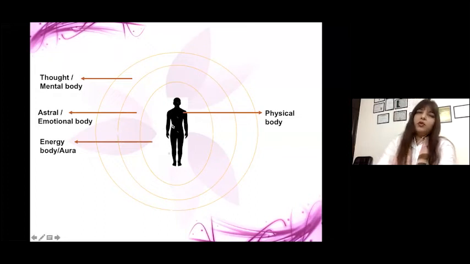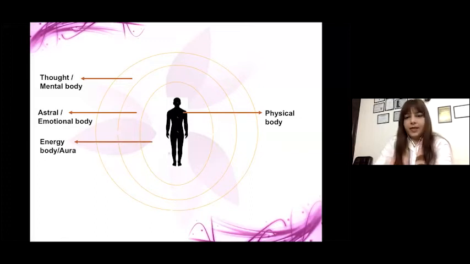Although there are few apparatus which can read your aura, that is a different thing. But in normal case, with the naked eye, we cannot see these subtle bodies. Now, what is the meaning of these bodies? This is the thought body, the mental body, and this is also called the causal body. So these are the thoughts. In a way, this is your mind.